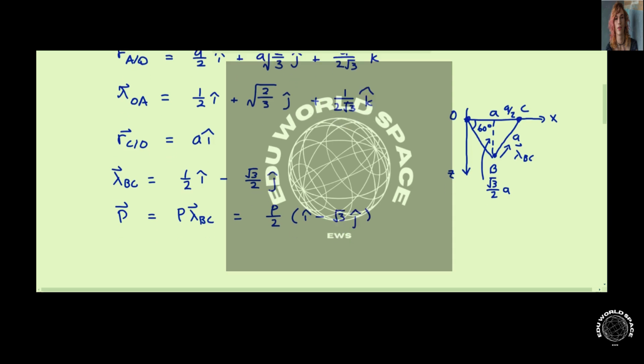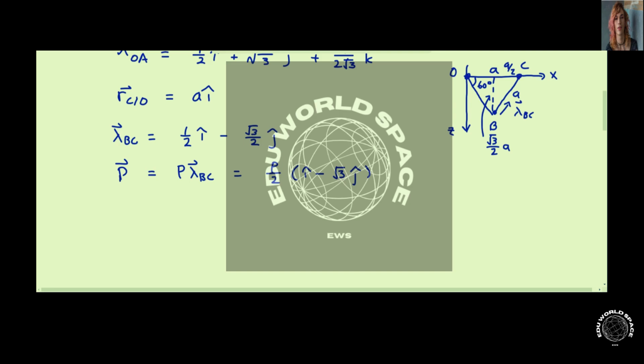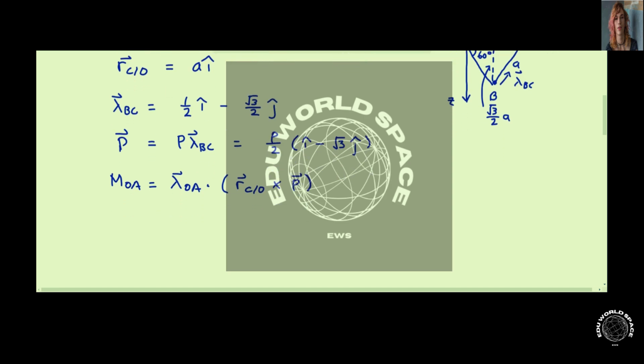Now we are ready to use the definition. Recall that MOA is equal to lambda OA dot R C relative to O cross P. You can choose to do the determinant method, but because RCO has only one term, I think it's okay to just do the cross product directly.